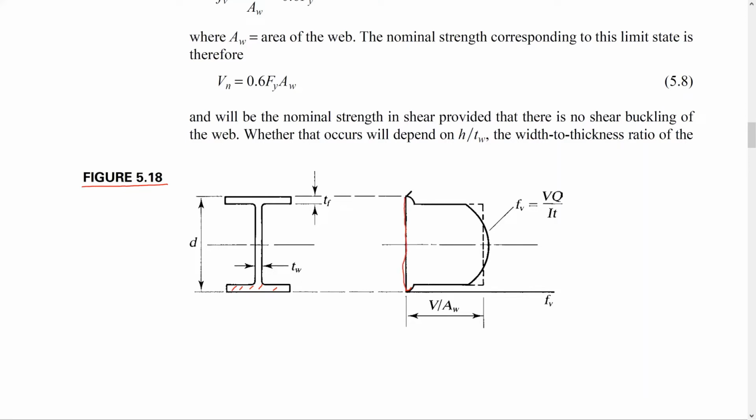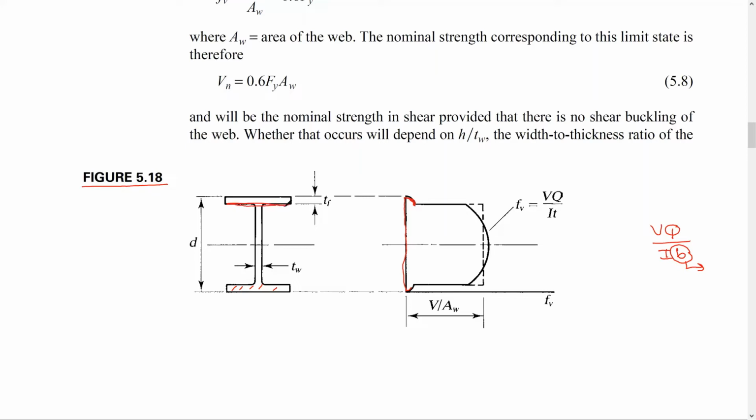here from 0, because as I told you, shear is VQ divided by IB, and B is the width of the cross section at the point of interest. So here it is going to be 0, and if you start going down like this, the shear is still 0. Why? Because B is big here.